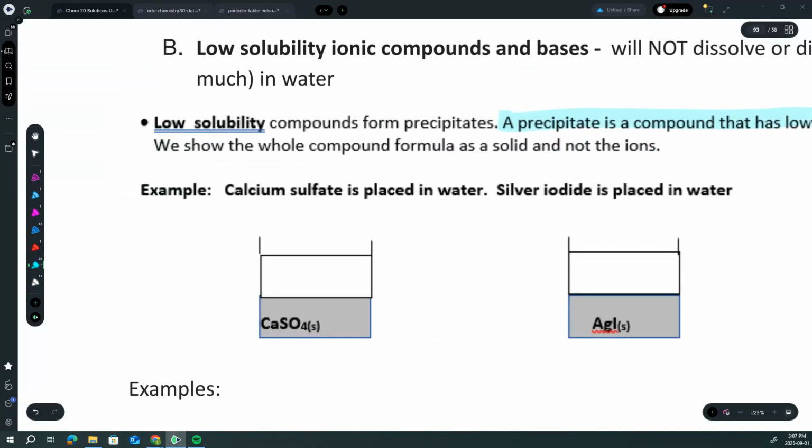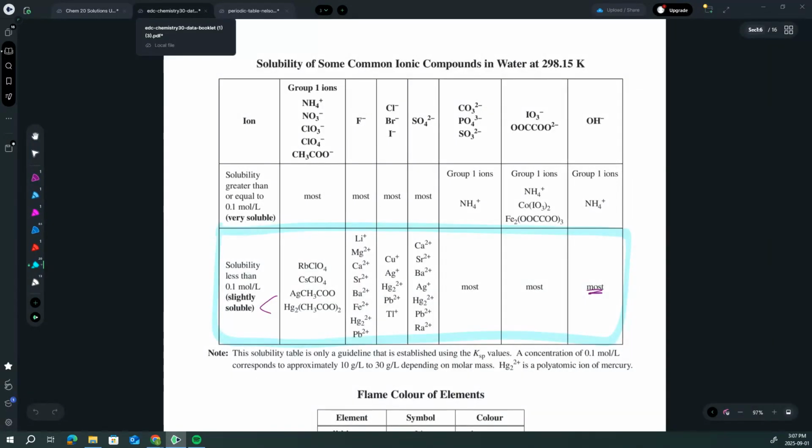Okay, so calcium sulfate, it's placed in water. If you take a look at calcium sulfate, finding sulfate here, that's going to be SO4. And if I trace my finger down, most things are soluble with it.